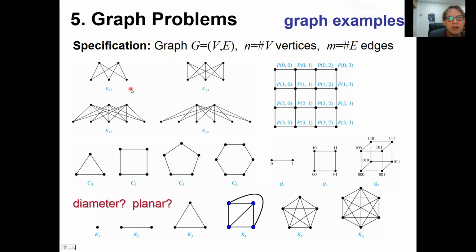And same for the bipartite graph on 2 and 3 vertices. The way it is drawn here, there are many edges crossing, but the graph can also be drawn in a different way without edges crossing, and therefore this is the same graph. This is maybe a little bit harder to see.